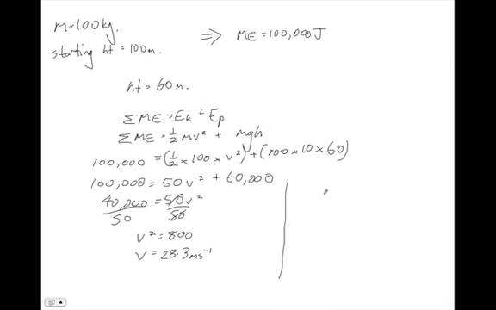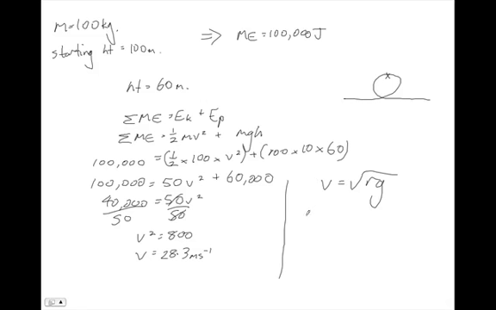So now to find the radius of the loop, because bearing in mind the reason we're doing this is because we want our riders to feel apparent weightlessness at the top here. And so this is the formula that helps us out with that.